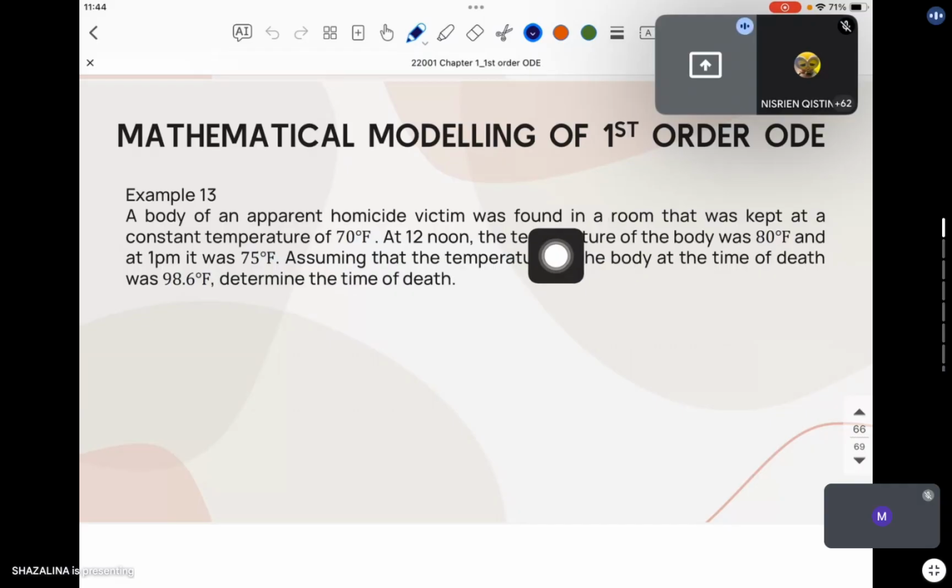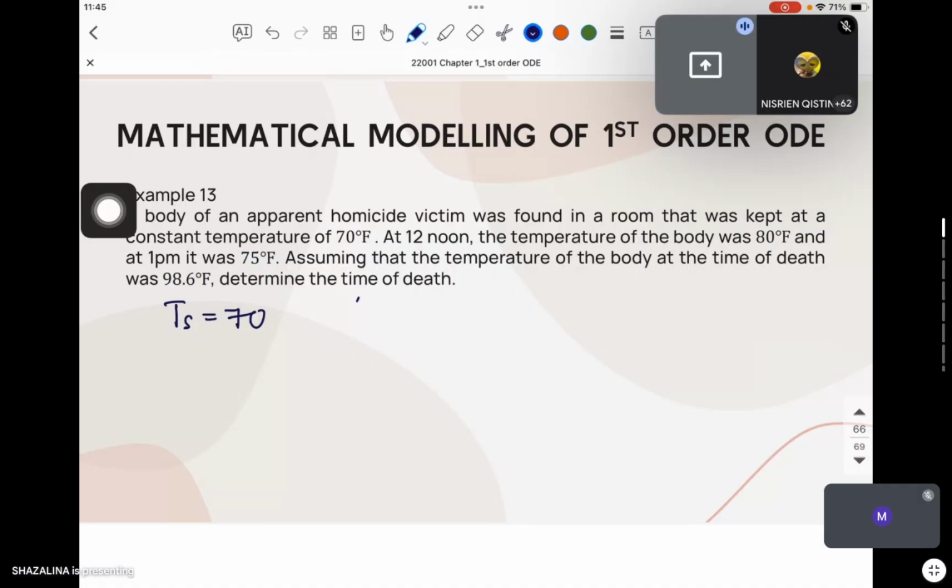Okay. First statement, you are given Ts. Kat mana Ts tu? Was found in a room. So in this case, Ts is equal to 70 degrees. Okay, next. At 12 noon, the temperature of the body was 80 degrees Fahrenheit. Dia bagi masa kat sini. Time. It's not small t, tapi dia bagi time tu lah.